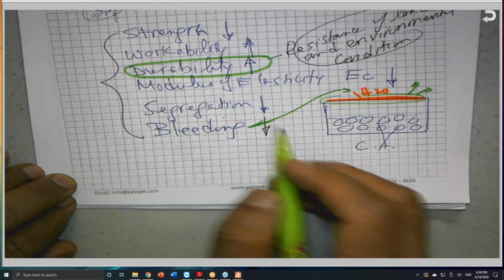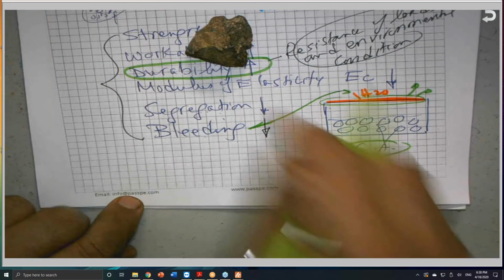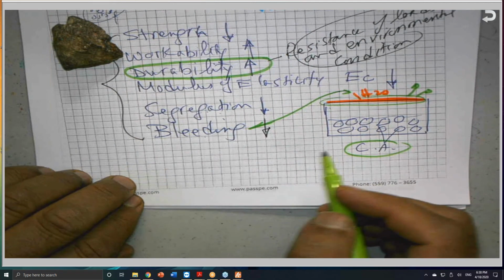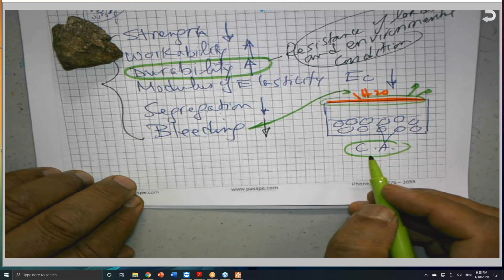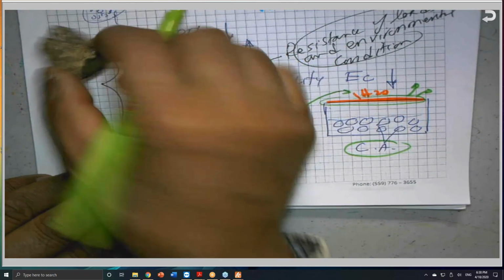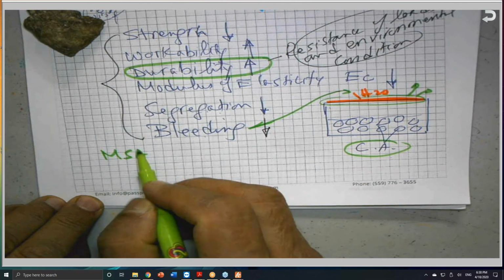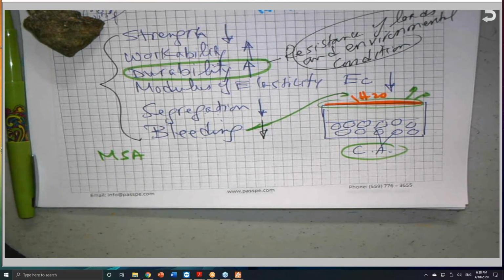So the coarse aggregate, these big particles, either crushed or natural. The size of the aggregate is very important, and they came up with what is known as MSA, maximum size aggregate. In fact, in the chapter of the FE book, let me see if I have it here.